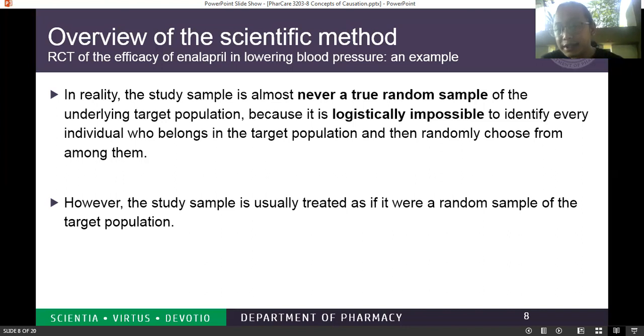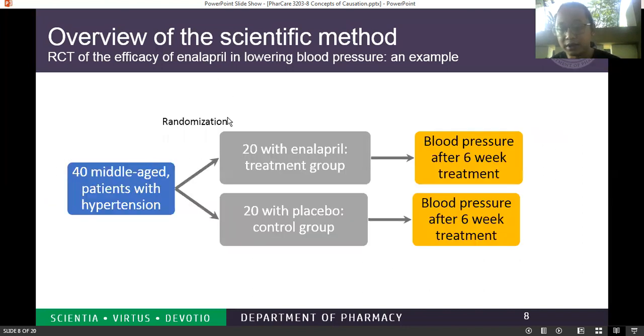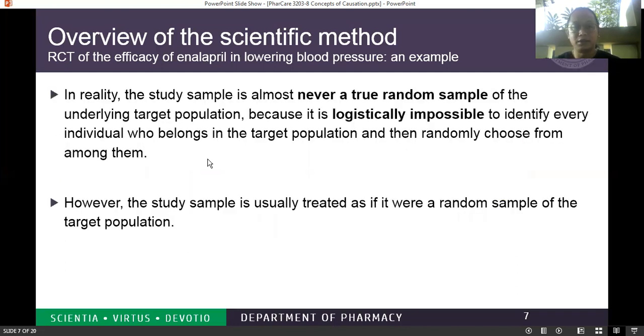This random sampling method is different from the randomization that I talked about before. Random sampling should happen before we select the eligible participants.